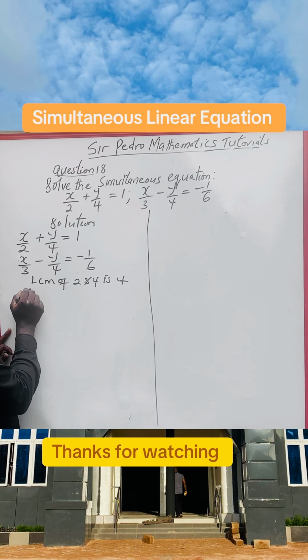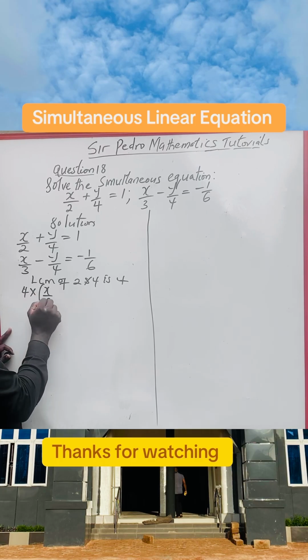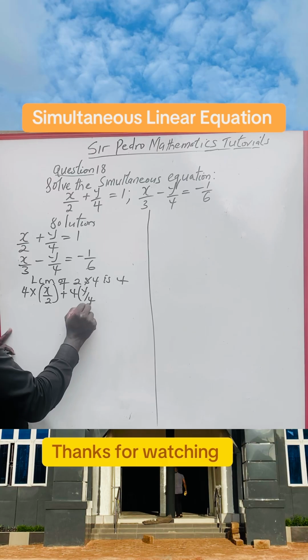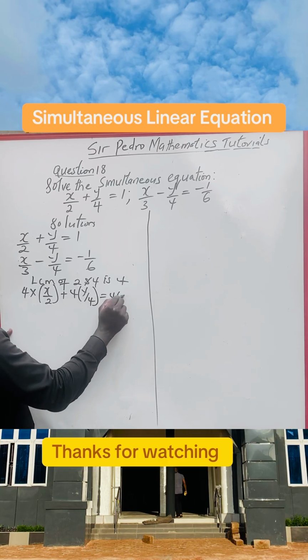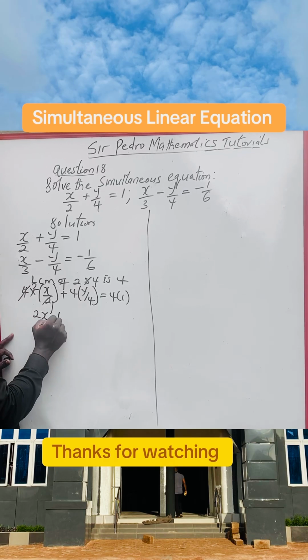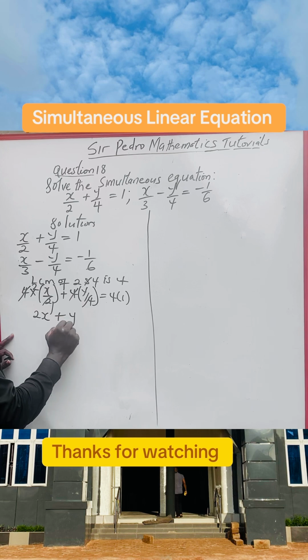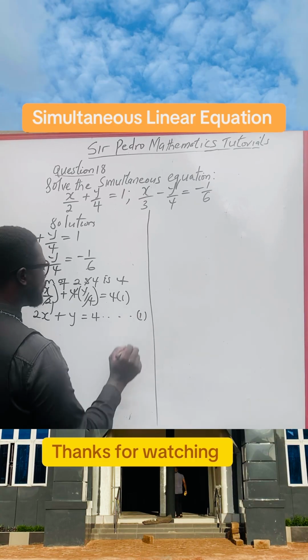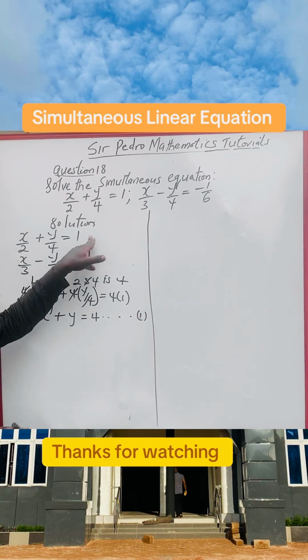So you say times 4 times x over 2 plus 4 times y over 4 equal to 4 times 1. Alright, so this will give us 2, so we have 2x plus y equal to 4 times 1, which gives us 4. So we have 2x plus y equal to 4, equation 1.